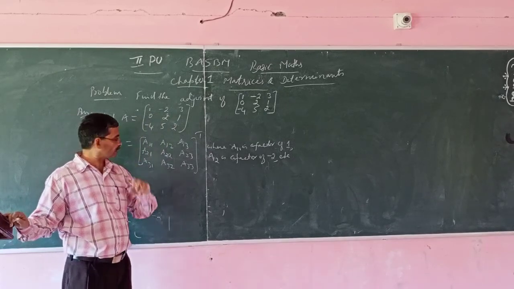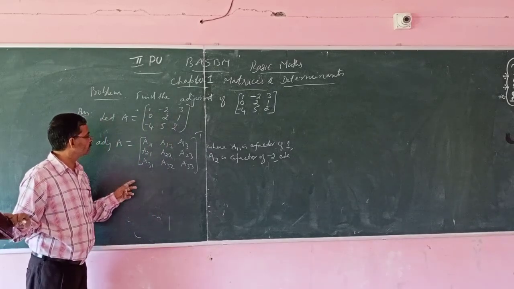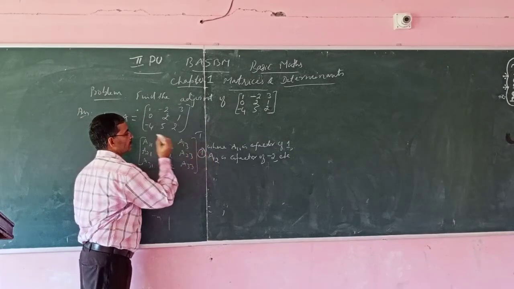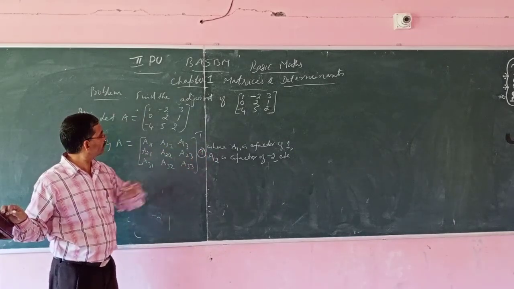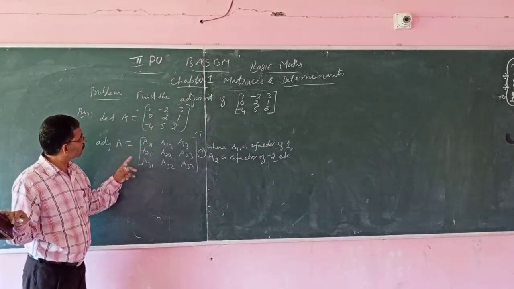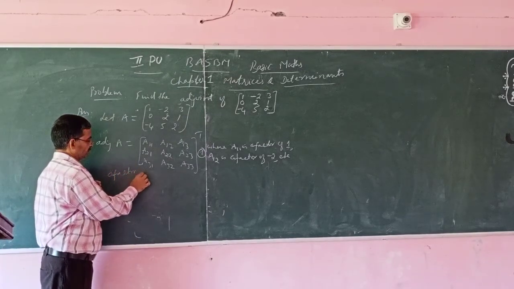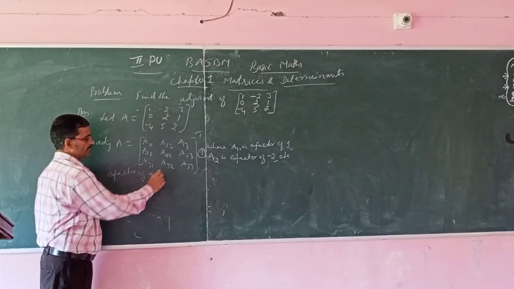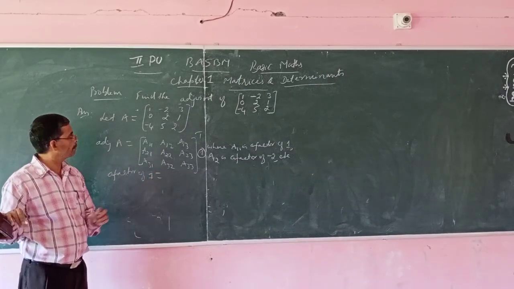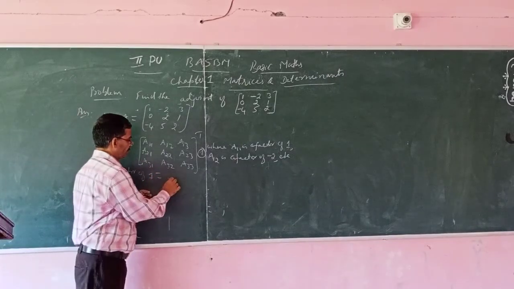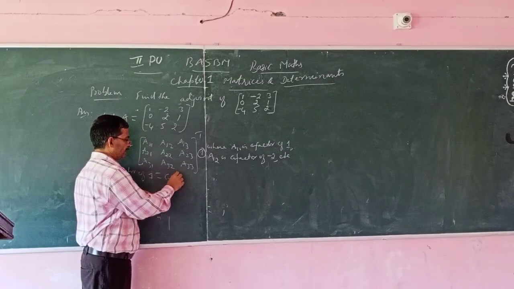So what is cofactor of 1? Call it equation 1; we will substitute later. Cofactor of the first element is minus 1 to the power 1 plus 1 times M11, the minor. That is plus sign only.